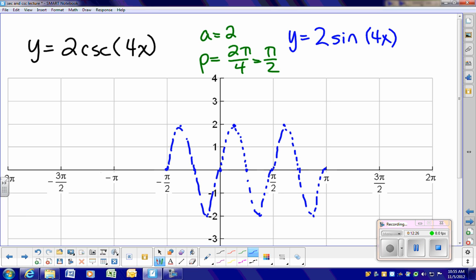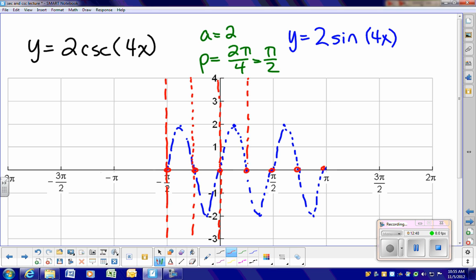And I know wherever sine hits the midline, which should be here and here and here and here, all these places, wherever sine hits the midline, cosecant's going to have a vertical asymptote. So there are all these lines. It's kind of like every tick mark and then one in the middle is how it turned out. Okay?